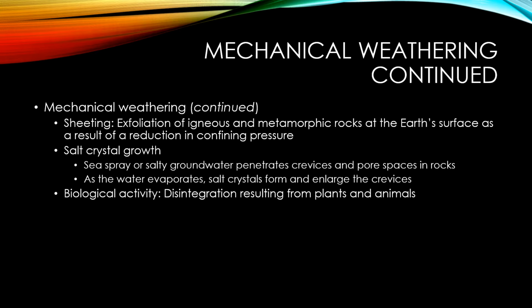And you might also notice that there are some trees and shrubs that seem to be directly on top of these rocks. Well, a lot of times their roots go through the cracks and fractures in the rocks, and the growth of those roots actually causes mechanical weathering of the rock over time. And similar processes can occur from animals interacting with rocks as well.